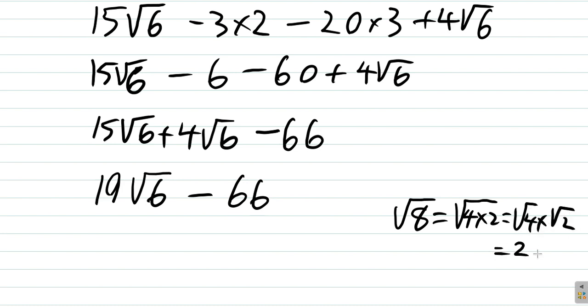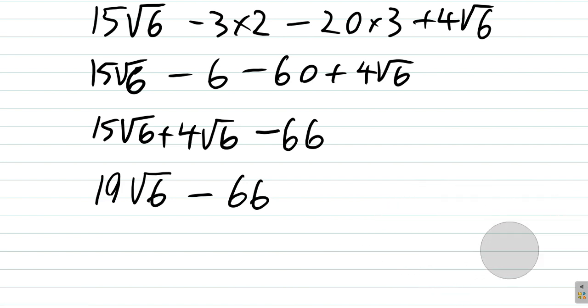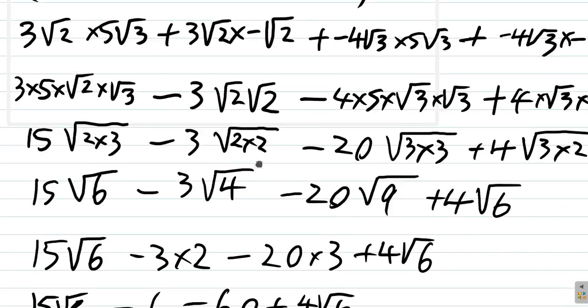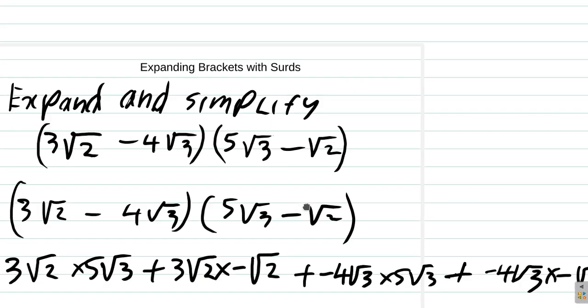Square root of 4 is 2, so it's 2 square root of 2. You could break it down. But with 6, you just have to leave it alone, and you can't factorize anything. So that's it for this part. It's 19 square root of 6 minus 66 that you have for this.